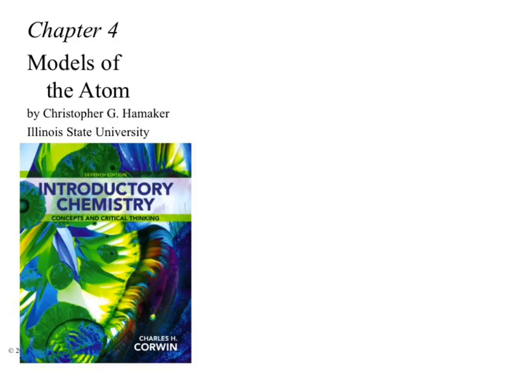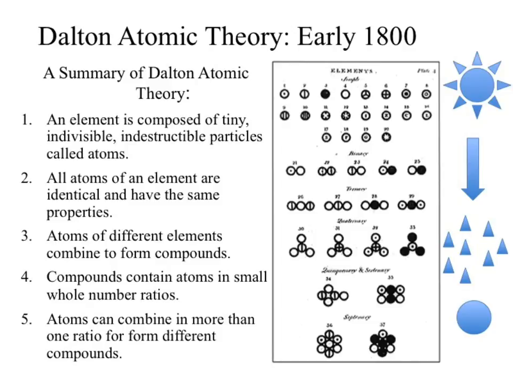Okay, so chapter 4 is all about the models of the atom. So we've got Dalton's atomic theory, which we put up there real quickly on that last section. What we were concerned about is what Dalton went through and did. So way long time ago, in the early 1800s, he looked at the world around him, and he was able to piece together that there are certain indivisible elements.